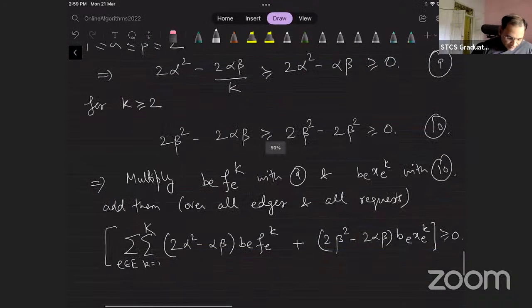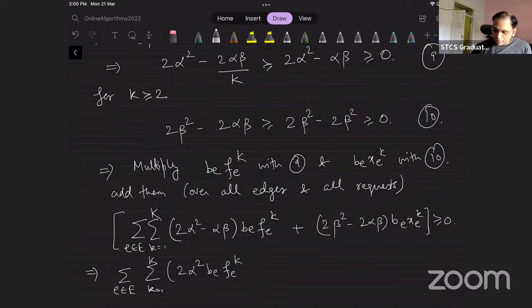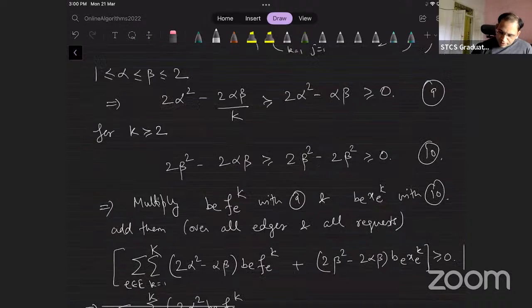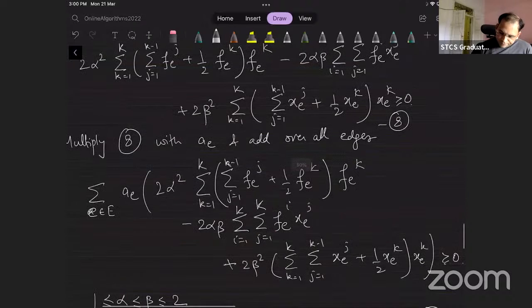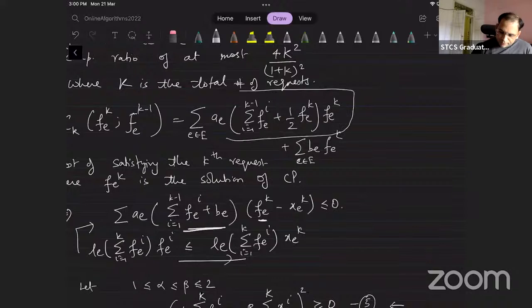So just rewriting this tells us that e belongs to E. Two alpha square b_e f_e^k. See, if you noticed, there are two terms to our cost, right? There is this quadratic type of term, and then there is this linear type of term.